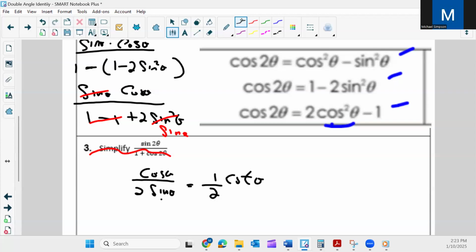I would like you guys to try the last one, number 3. Because the minus sign is for the parentheses, everything inside the parentheses flips its sign.